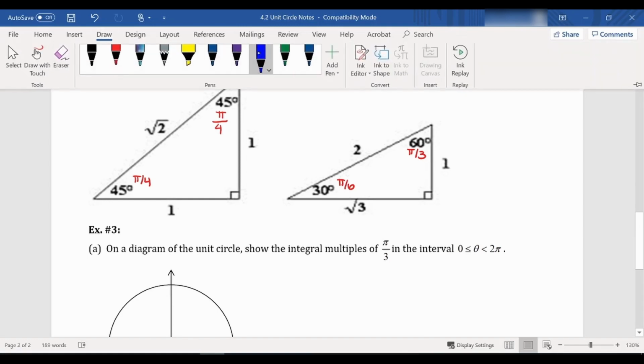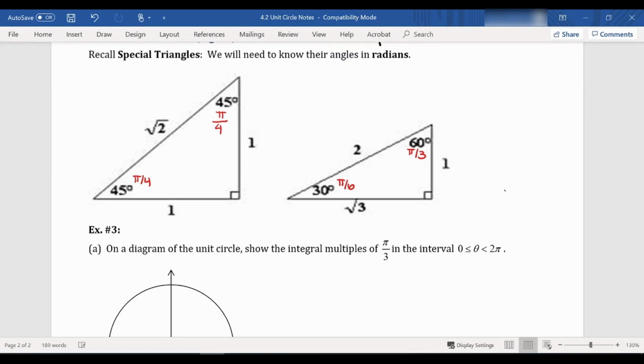Now, the problem is if we draw any of these triangles in our unit circle, these don't work because any triangle I draw in my unit circle should have a hypotenuse of 1. So if I want to, I can adjust these by basically scaling them down so that they do have a hypotenuse of 1. If I look at the left-hand triangle, if I wanted this to have a hypotenuse of 1, I would need to divide my current hypotenuse by itself.